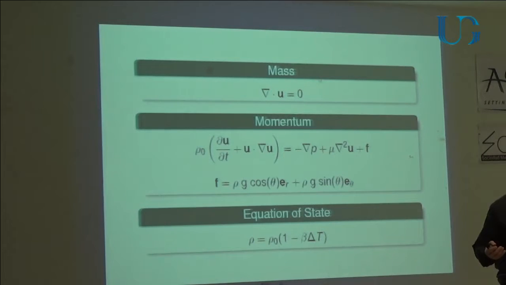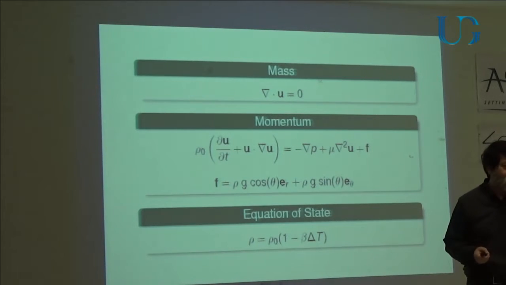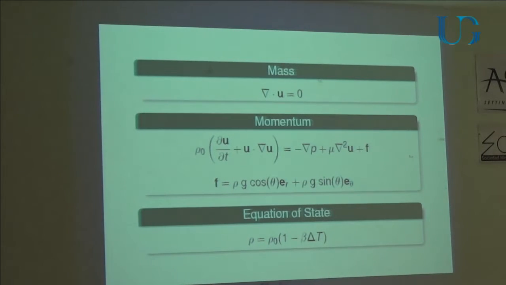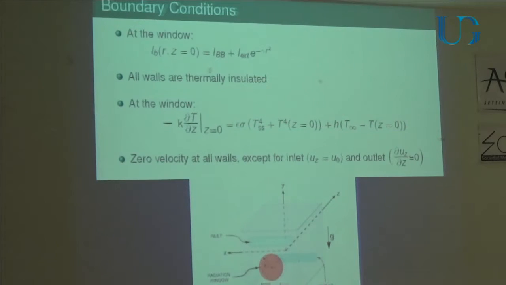Okay? The point is, how do I integrate? I need numerical tools to integrate the system. Before I establish the numerical tools that are best for this problem, I have to consider the boundary conditions, and the boundary conditions have to do first of all with the radiation beam.